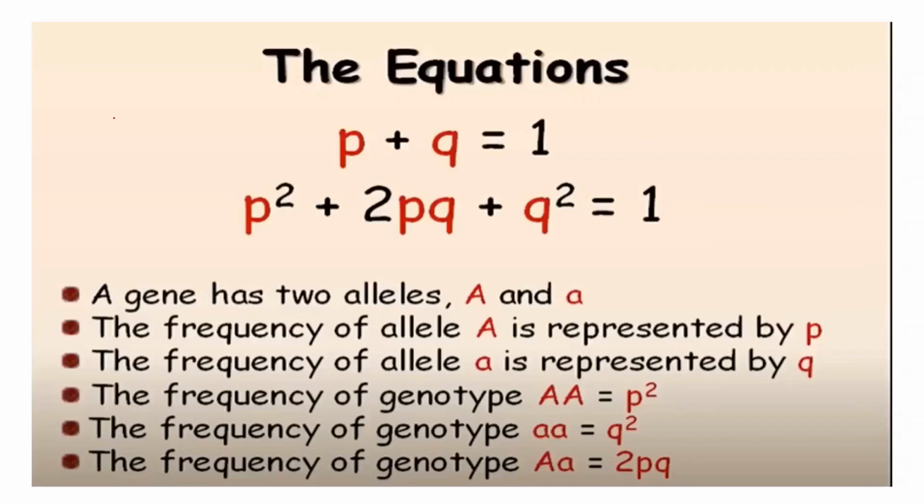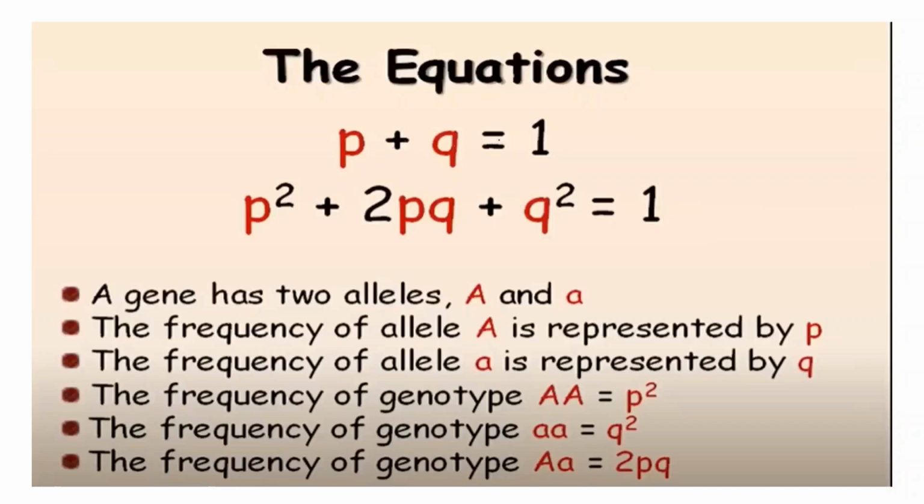Regarding this, Hardy-Weinberg suggests that if the population is in genetic equilibrium, then p plus q equals 1. They give two kinds of equation.